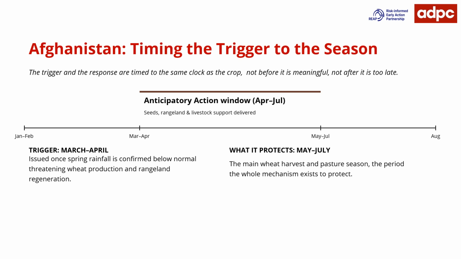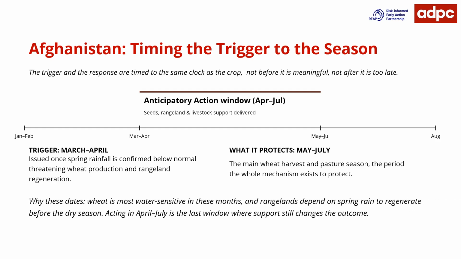The anticipatory action window itself runs April to July, when seeds, rangeland, and livestock support are delivered. Why these dates? Wheat is most water sensitive in these months, and rangelands depend on spring rain to regenerate before the dry season. Acting in April to July is the last window where support still changes the outcome.